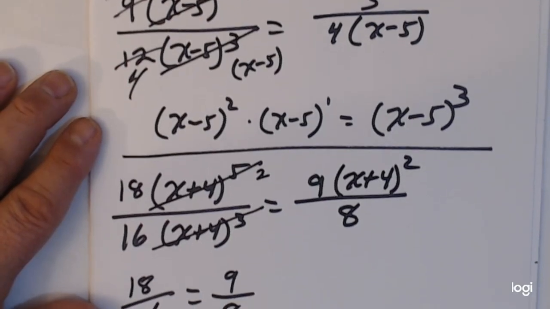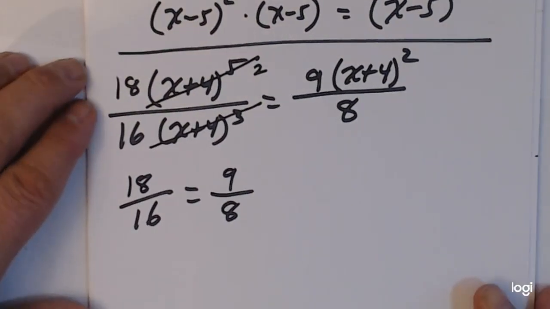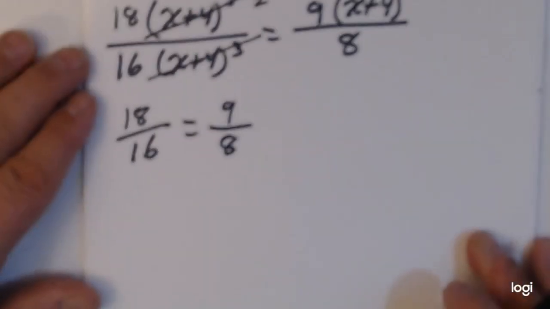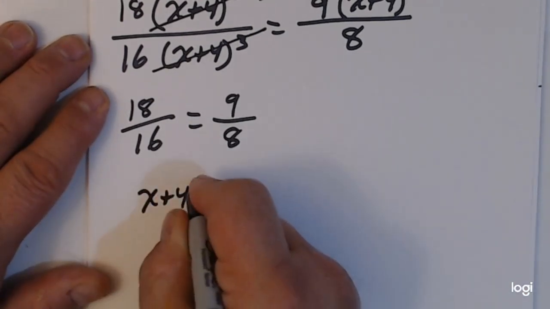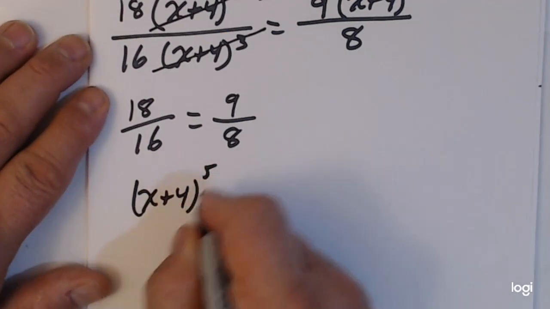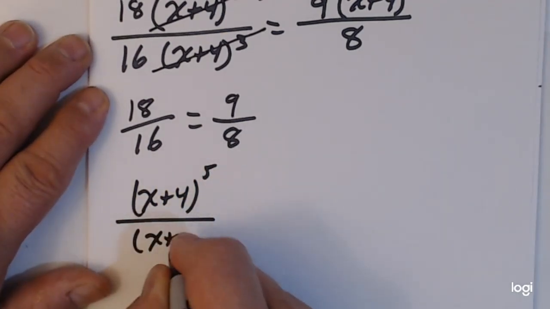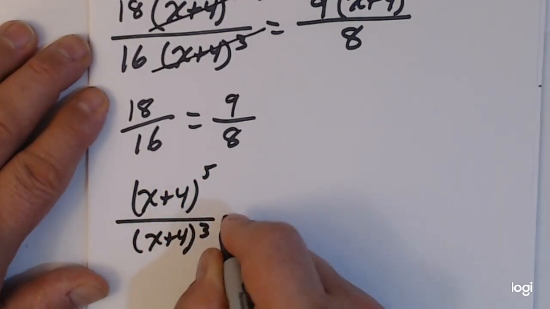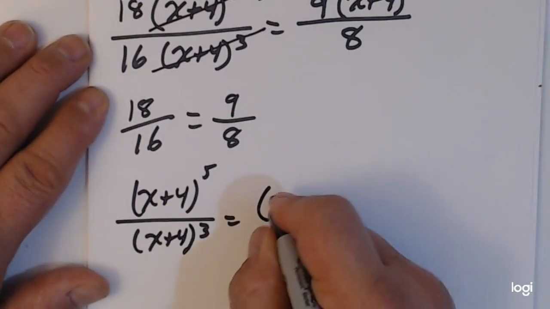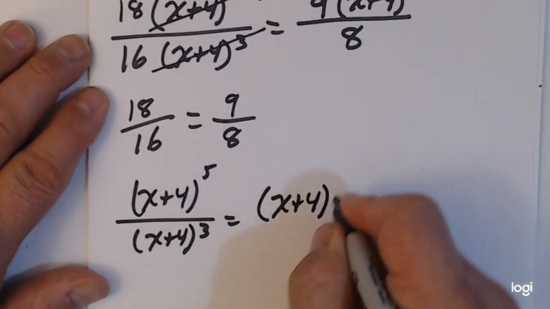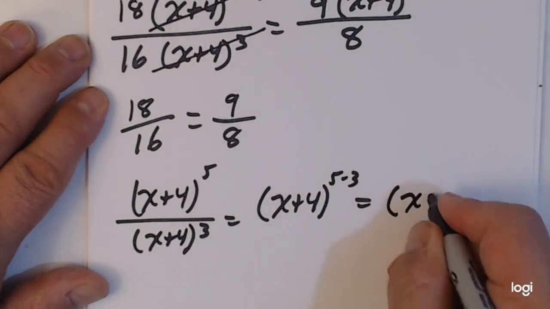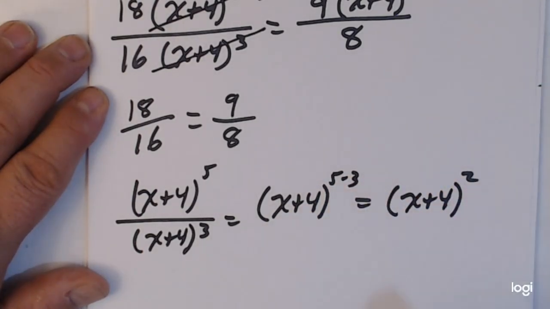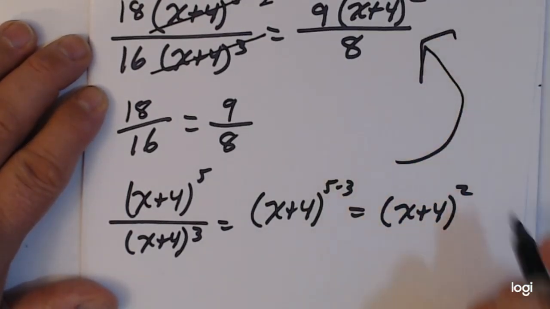And let me show you why. X plus 4 to the 5th over x plus 4 cubed is just x plus 4 to the 5 minus 3, which is x plus 4 squared. And that's what we wind up with up here.